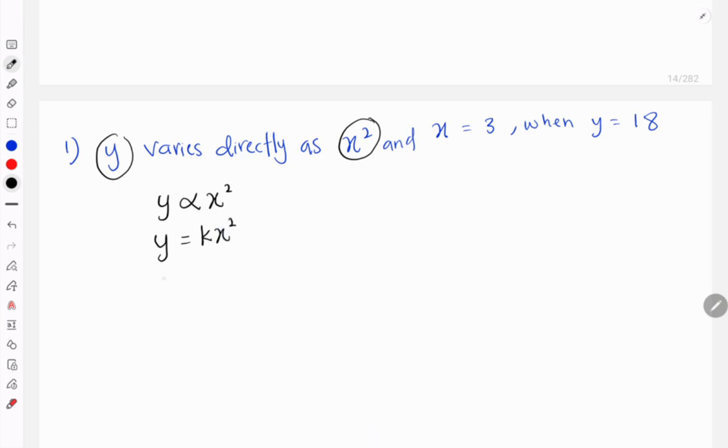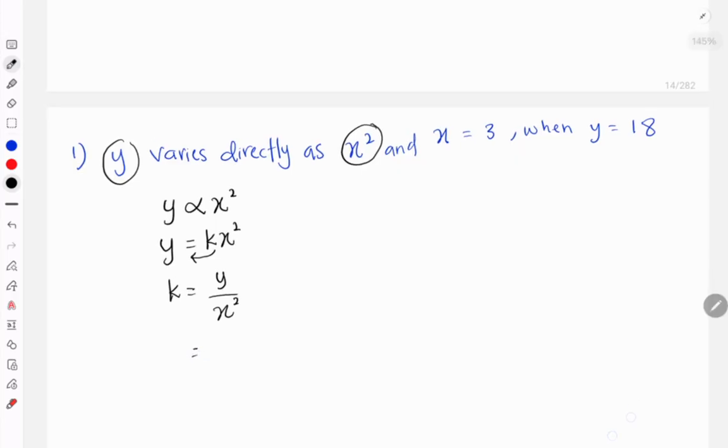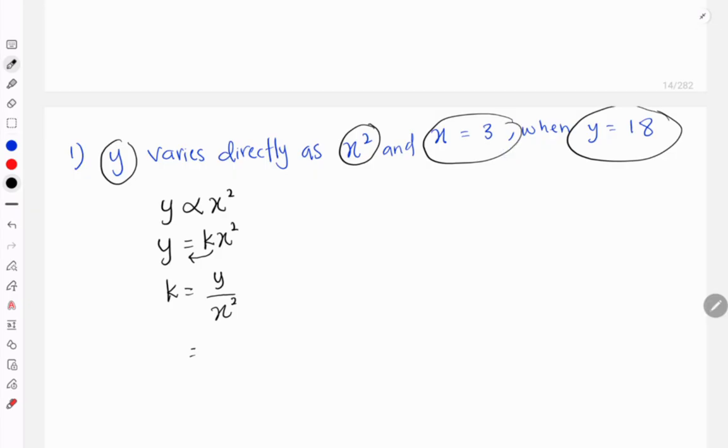Then find the value of k. k equals y over x squared. Given that y equals 18 when x equals 3, k equals 18 over 3 squared, which equals 2. After you get the value of k, rewrite the equation: y equals 2x squared.